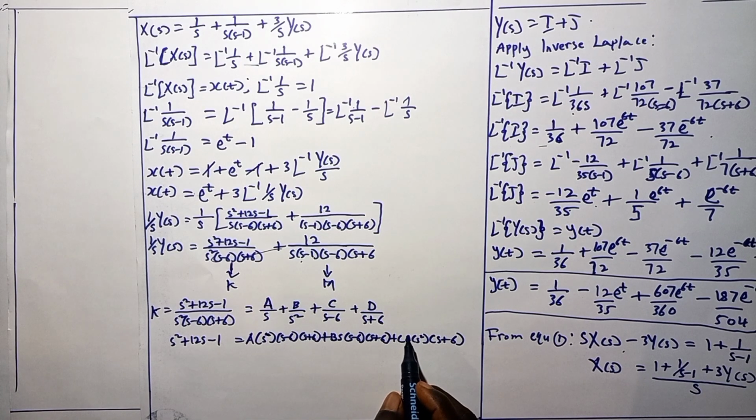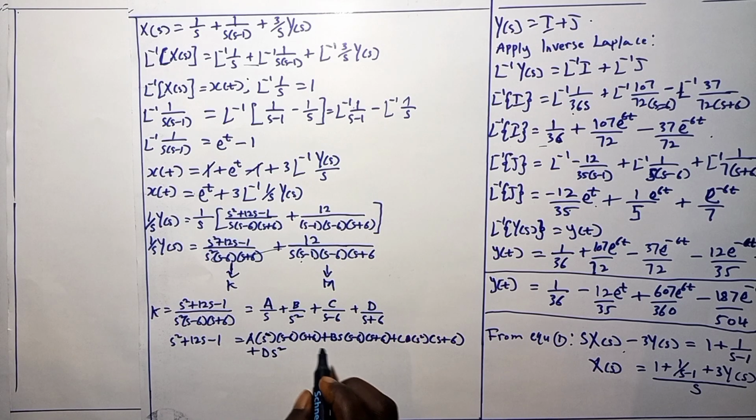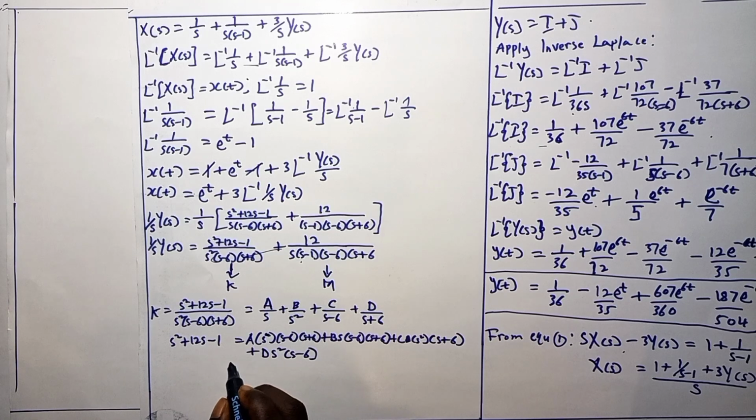And we don't need this singular s. Then for d plus d now, singular s, then s minus 6. So that is that.